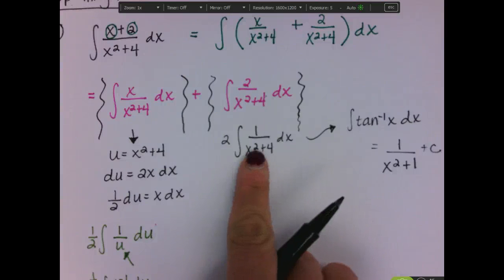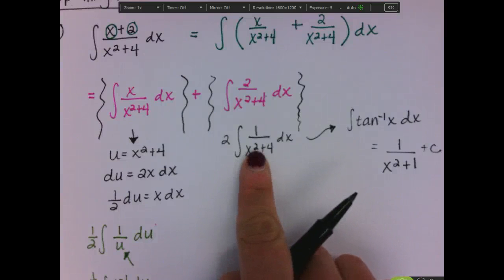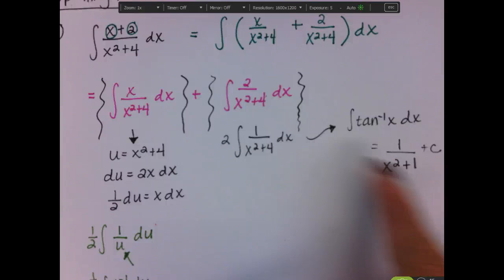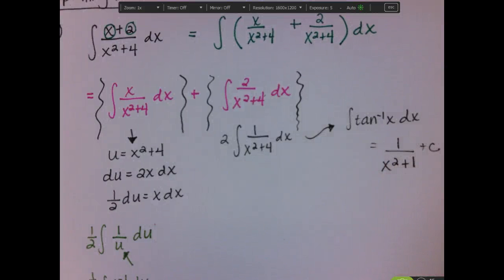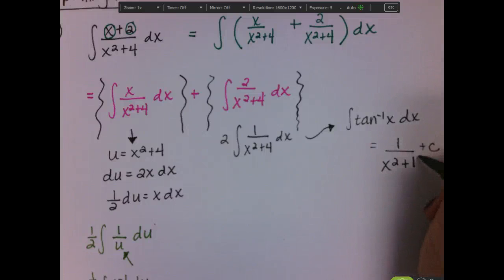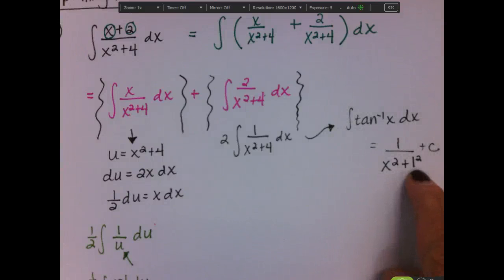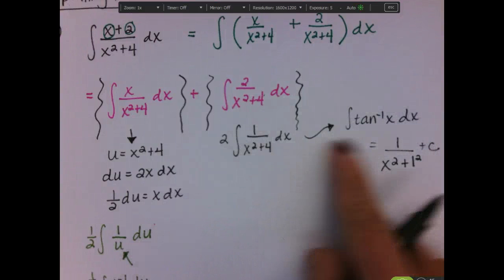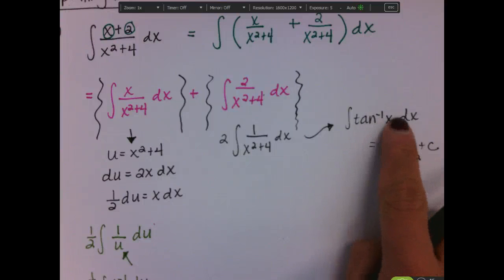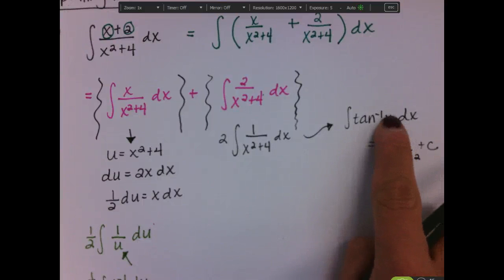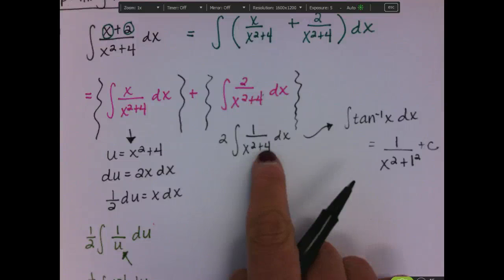We just have to make a slight adjustment because we have a constant of 4 as opposed to a constant of 1. And one thing that you might want to remember is that this 1 actually comes from a constant being squared. This is actually 1 squared. So when we make our adjustment here in the argument of the inverse tangent, we're actually going to think about the number 2 and not the number 4, because 2 is actually squared to get 4.